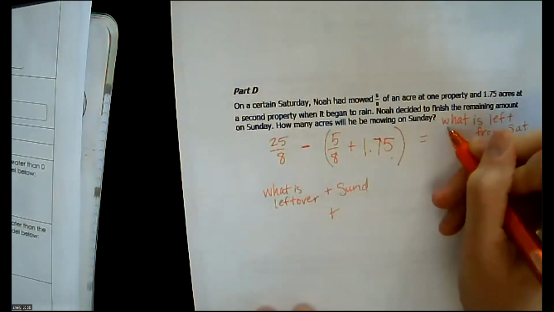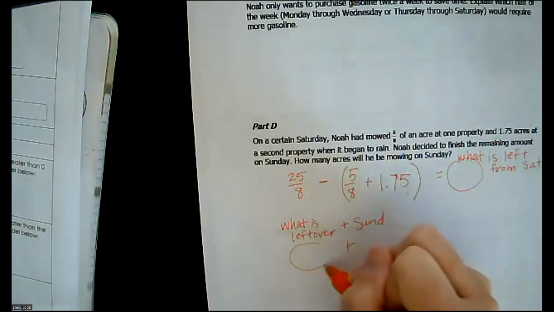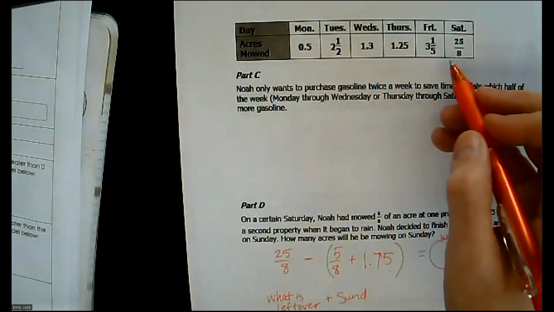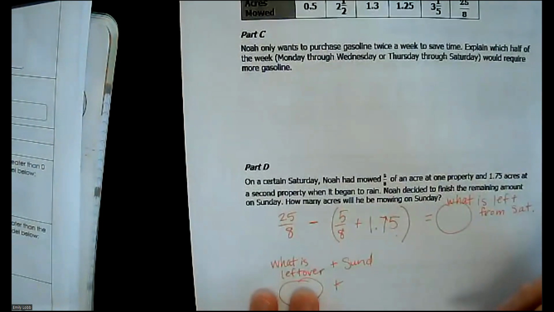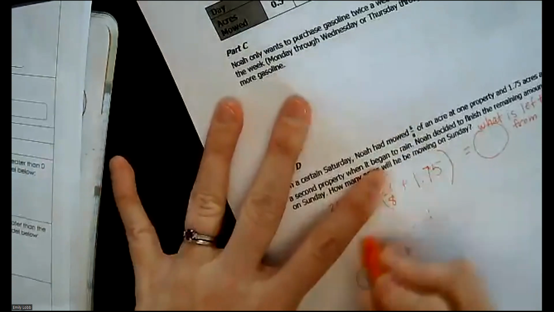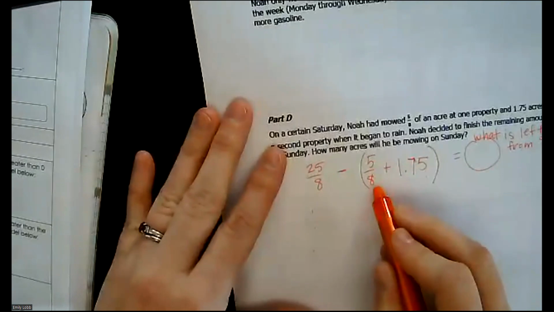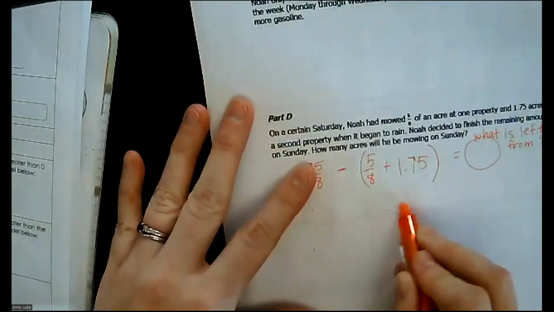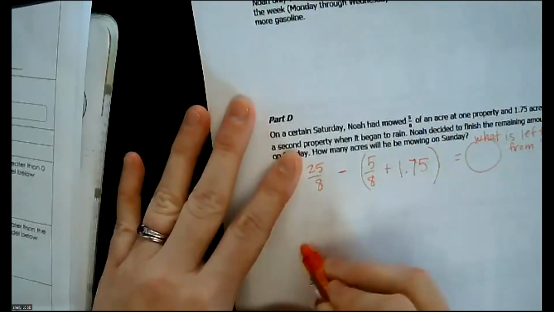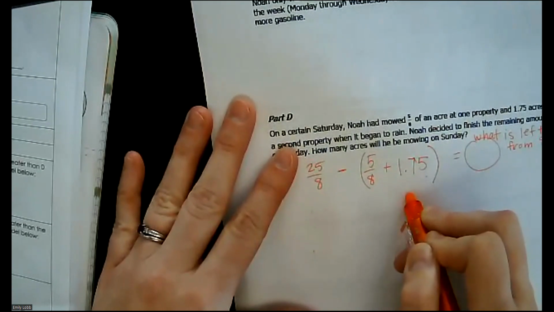So whatever this is gonna go here, and you're gonna add that to Sunday, which is, oh, it doesn't matter. We're just trying to figure out what's left over. I thought Sunday he had other work to do and he does not. So that's all we're trying to find out. I put these in parentheses because you have to do that first. Then you have to take this minus whatever you got here. Okay? So be sure you're paying close attention to that.